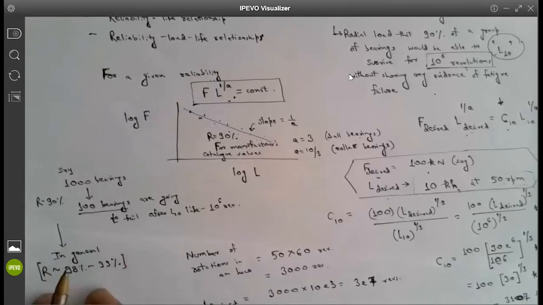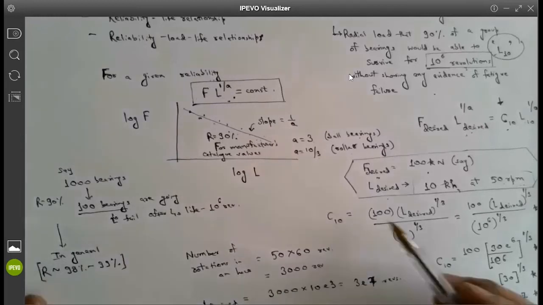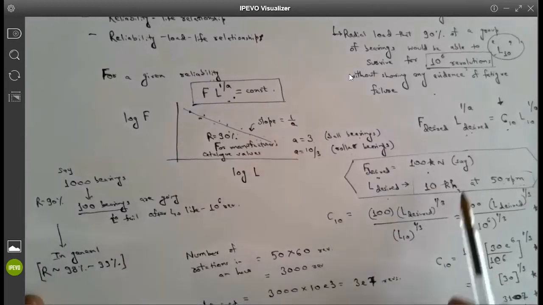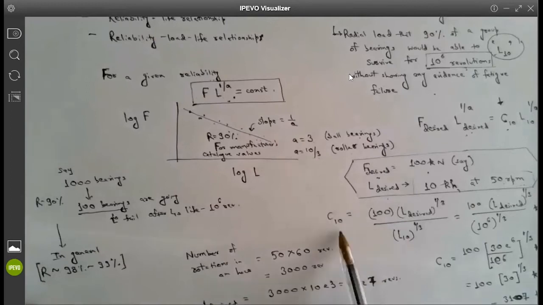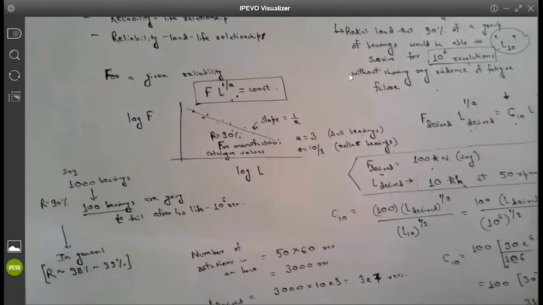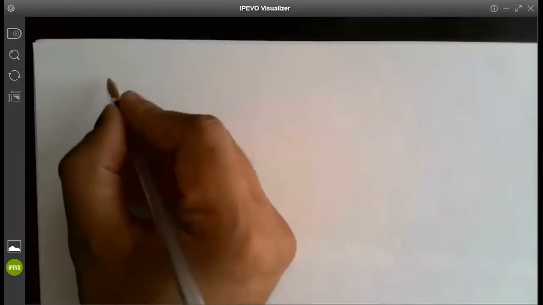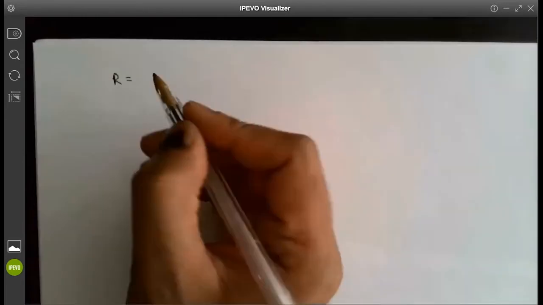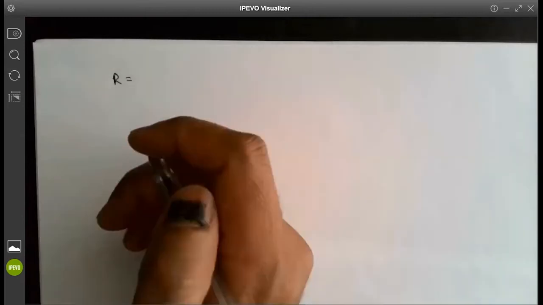Now, if that is the requirement, how does that requirement get added on top of the calculations we were doing for C10? We will actually see that now. Before we go over that relationship, reliability is defined as, I need to look at the relationship here.